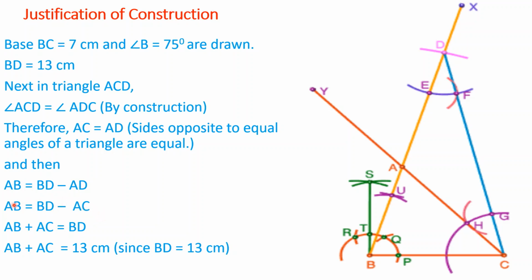Now shift AC to left hand side, so minus AC becomes plus AC. So AB plus AC equal BD. BD equal 13 centimeter, so we have written 13 centimeter in place of BD. So AB plus AC, that is sum of other two sides of a triangle, is 13 centimeter. So we have justified our construction that AB plus AC is 13 centimeter.